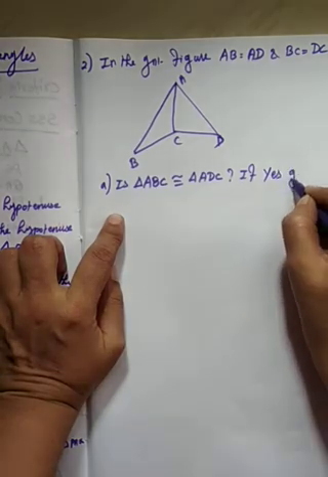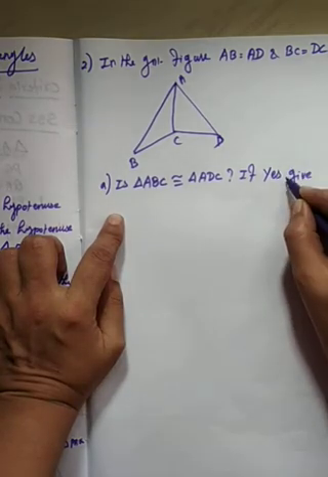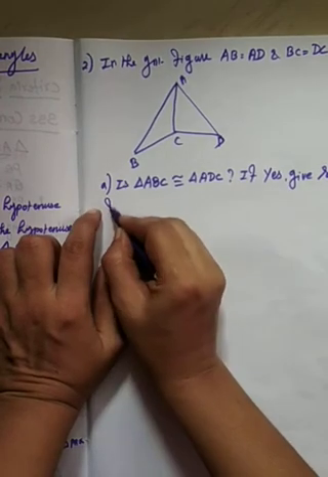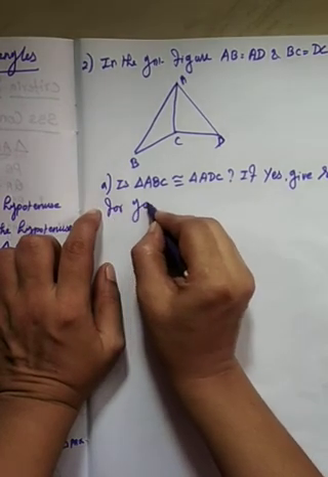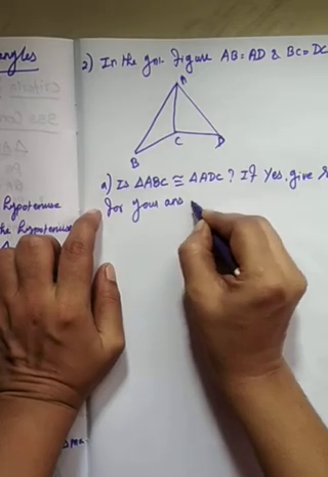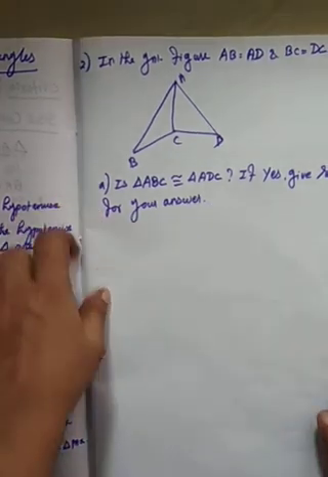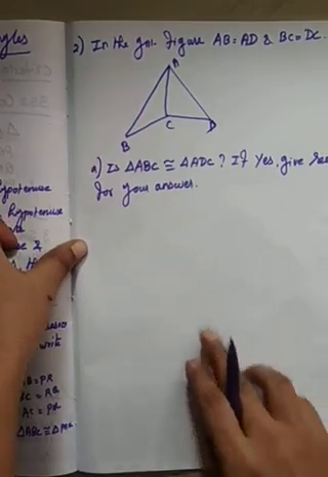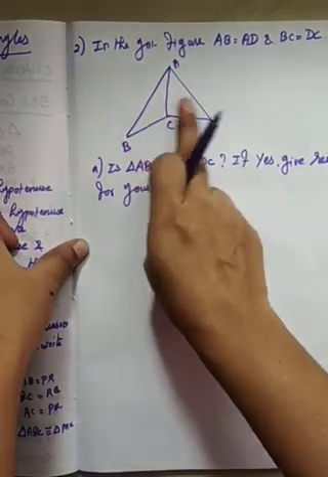If yes, give reasons for your answer. Okay, see here, whether these two triangles are congruent or not.